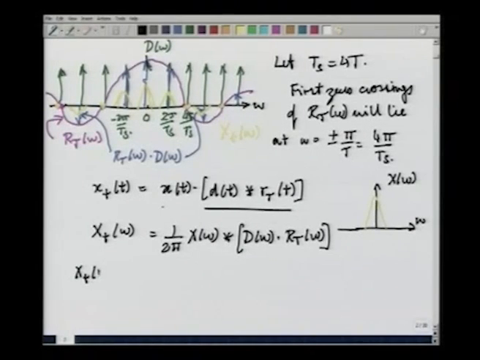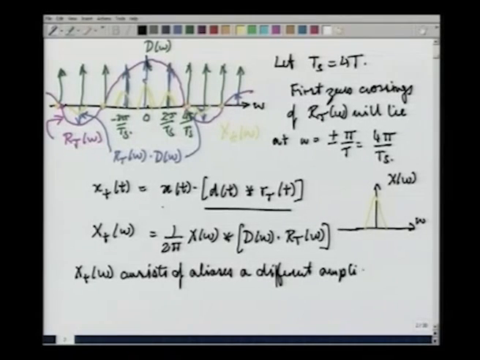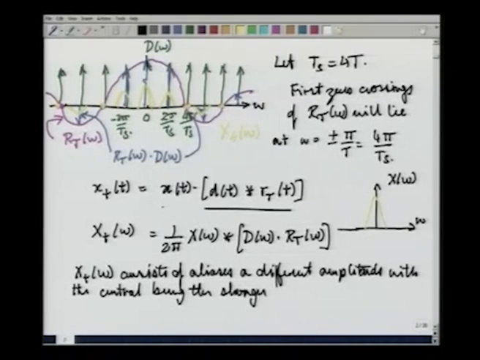X_T of omega consists of aliases of different amplitudes, with the central alias being the strongest.